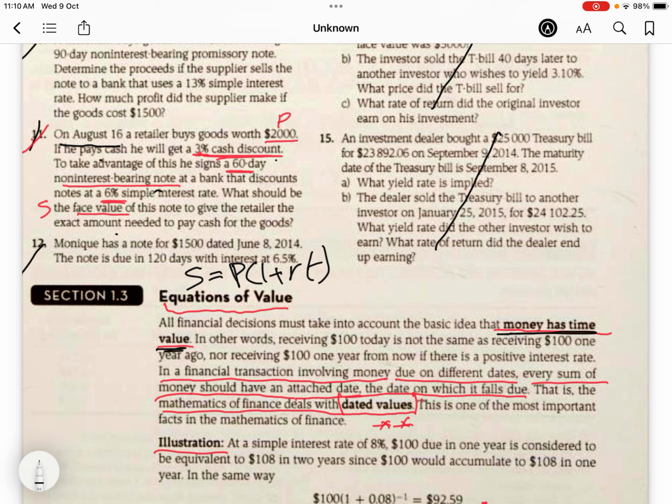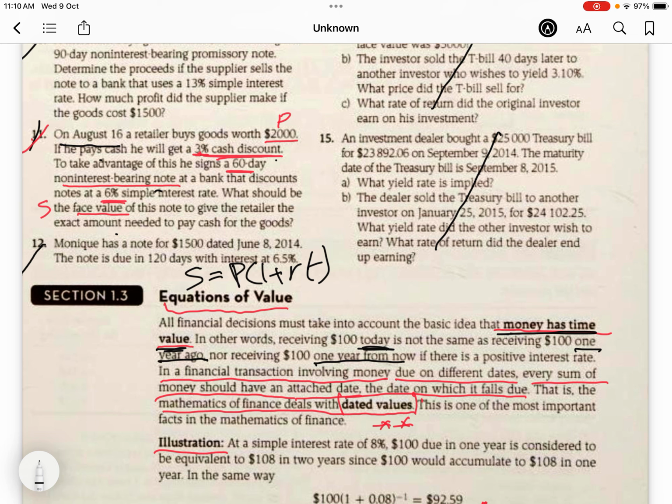In other words, receiving 100 dollars today is not the same as receiving $100 1 year ago, nor receiving $100 1 year from now. 1 year ago, today, not like 1 year before or 1 year after.